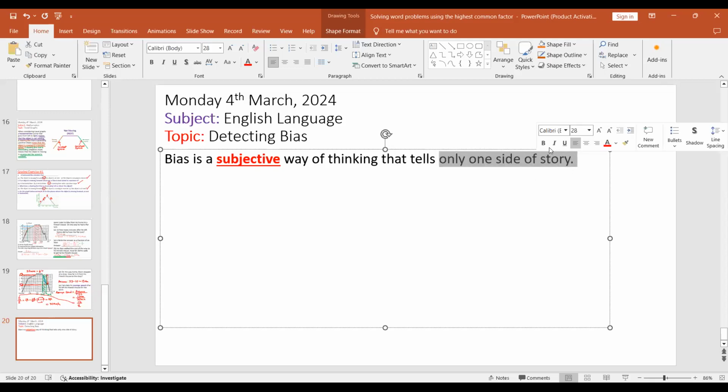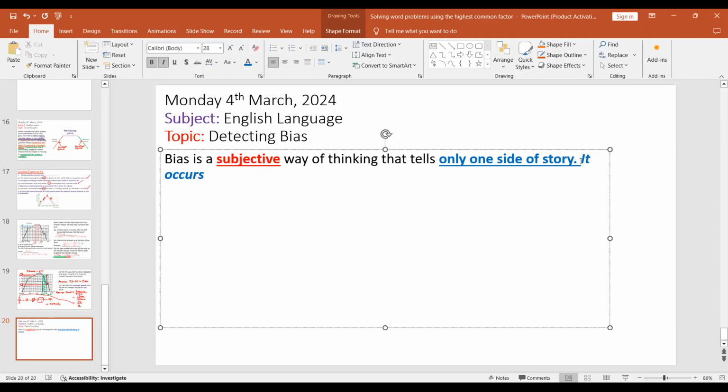Now, if something is telling only one side of the story, is it truthful? No. If it's only telling one side of the story, then we cannot rely on it, right?